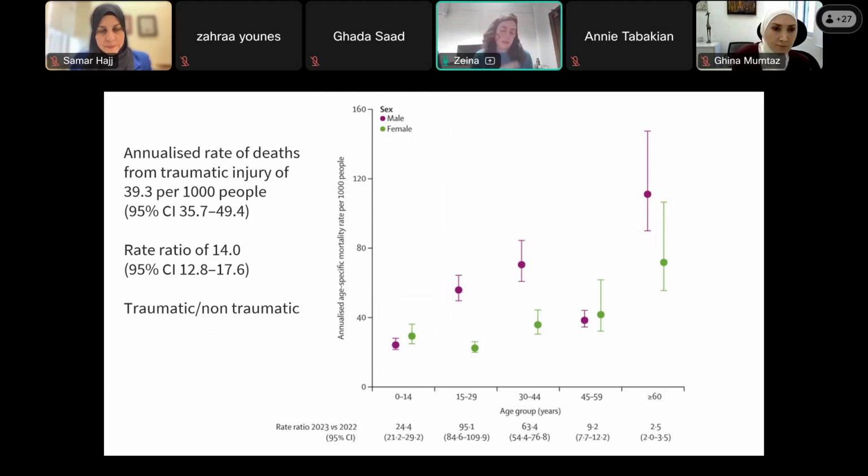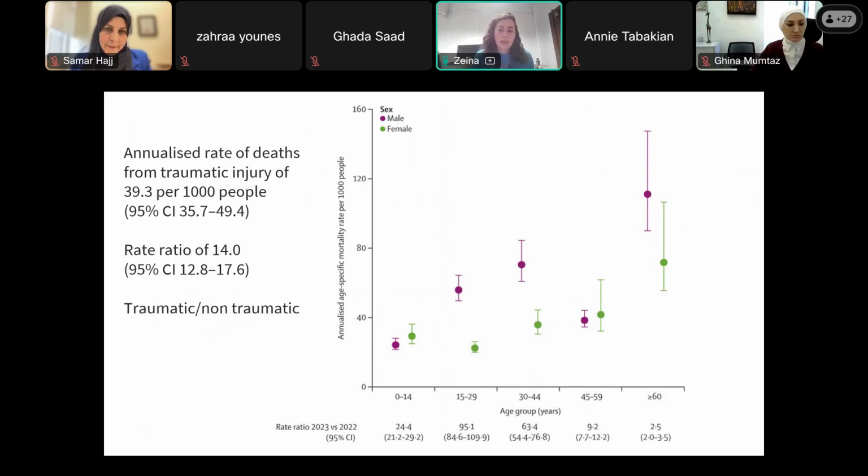They might be the ones moving more than women, more likely to be targeted at different times of the war. And the annualized rate of mortality, in epidemiological terms, is like 39.3 per 1,000 population, and the rate ratio is 14 compared to 2022. After the war, on an annualized basis, you're 14 times more likely to die in Gaza.